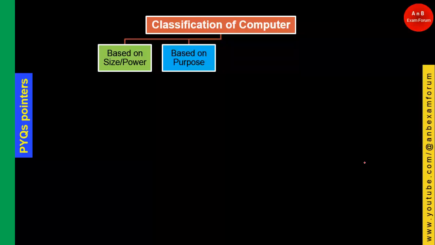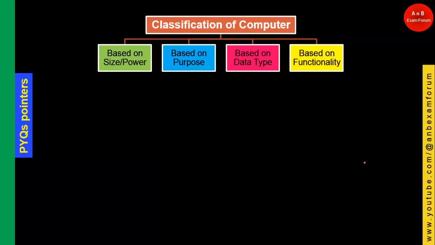Based on purpose, for what purpose the computer is used, we can classify it, and afterward we are going to see based on the data types, which type of data it takes as input. And finally, based on functionality, for what functionality it is going to be used, you can classify the computer.